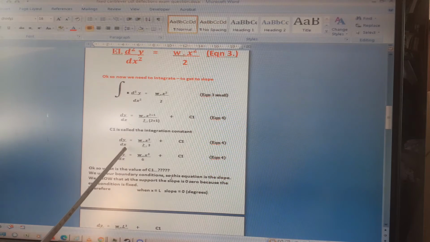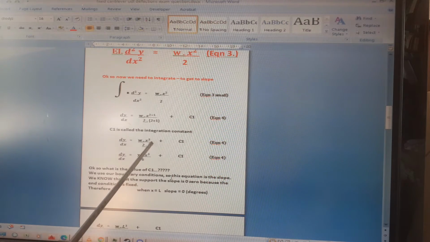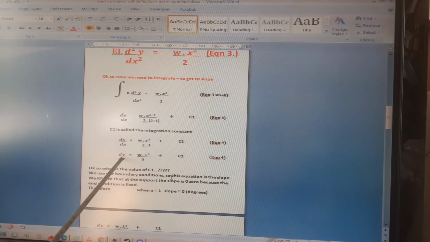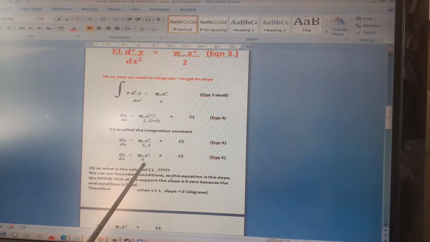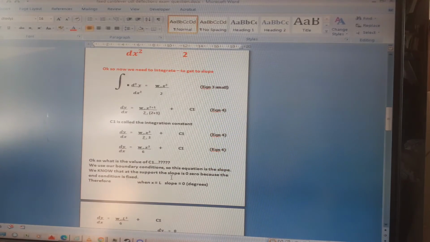So dy over dx equals w x cubed over 2 times 3, plus c1, which is w x cubed over 6 plus c1. That's equation 4, and that's basically the slope.